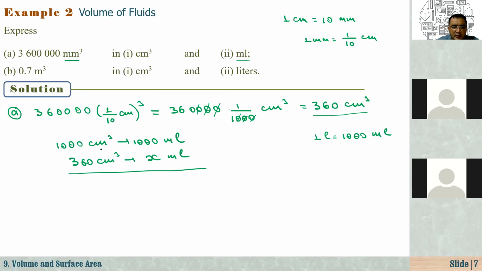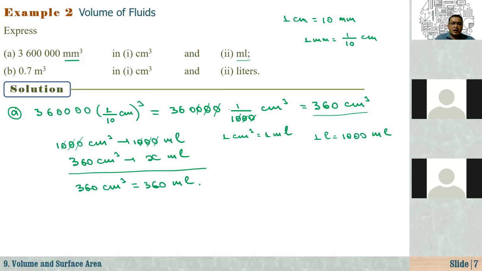If you cancel out these zeros, that means 1 cm cube is equal to 1 milliliter. So 1 cm cube is equal to 1 milliliter. Using this, since 1 cm cube equals 1 milliliter, 360 cm cube should be equal to 360 milliliters, right? Okay.